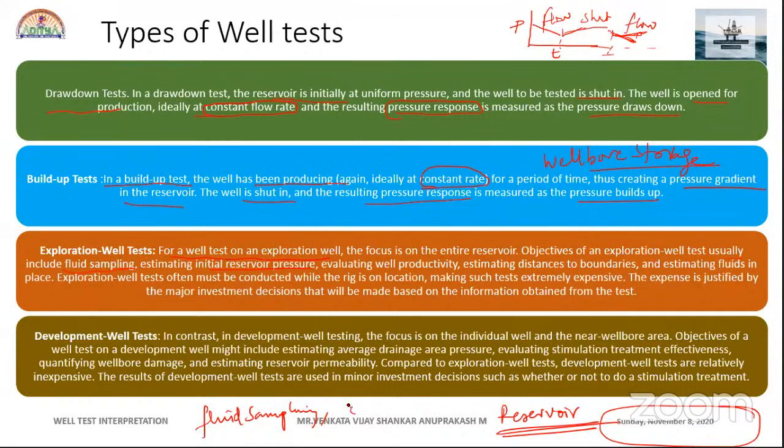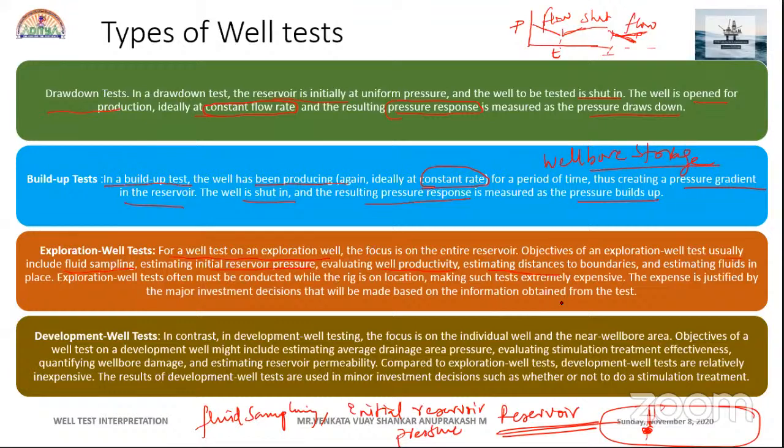Is there any other way by which we can get the initial reservoir pressure? Because once the well is disturbed, it will not get back to its original condition. Next, evaluating the productivity. Next, estimating the distance, how far it is from your boundary.